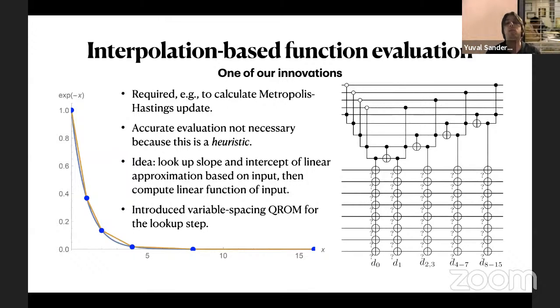So the idea is to look up which of these various regions, read out the answer to another register, and use that information to calculate a linear function. So you know your slope of the line and your intercept, and then you do a multiplication and an addition, and then you've calculated an approximation to the exponential.